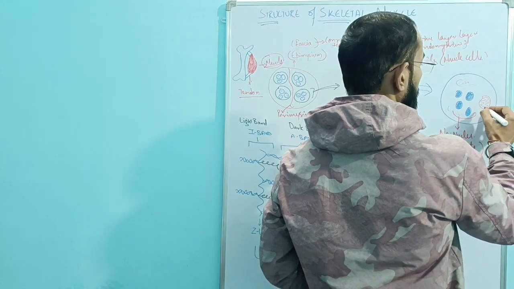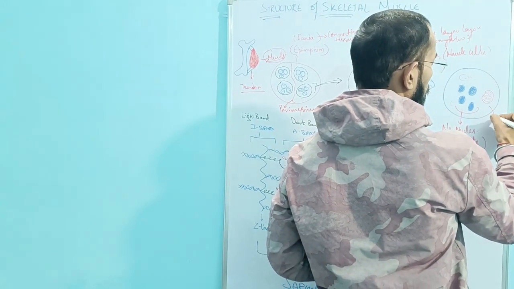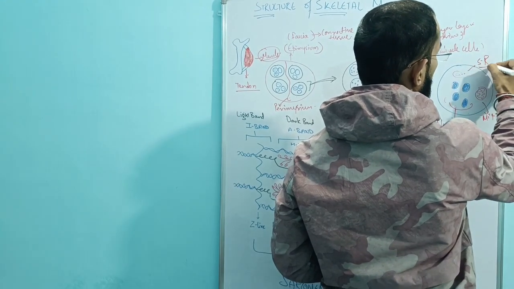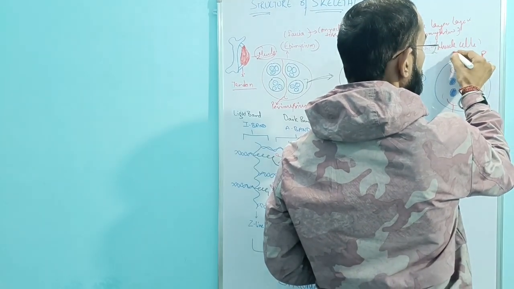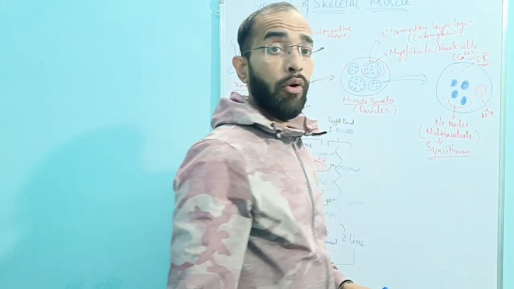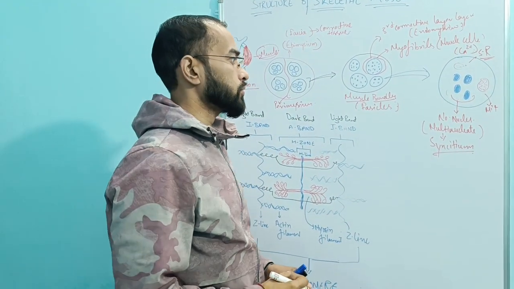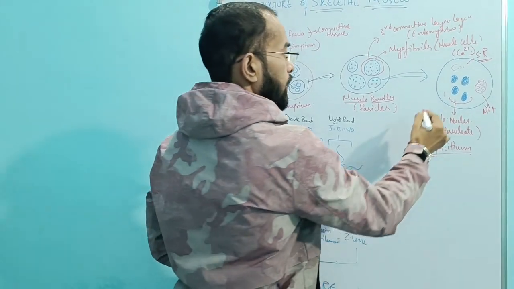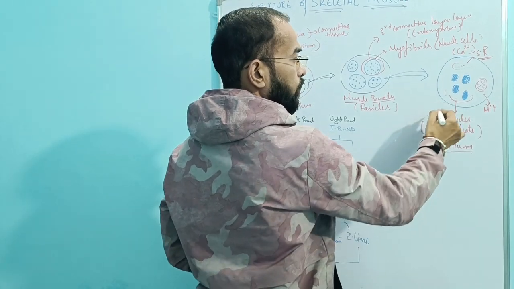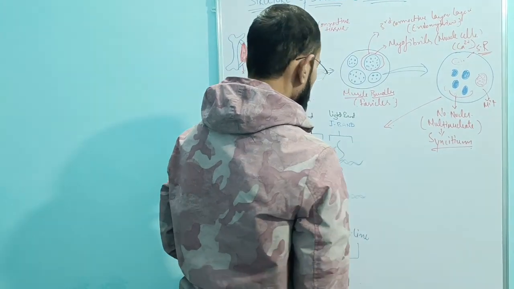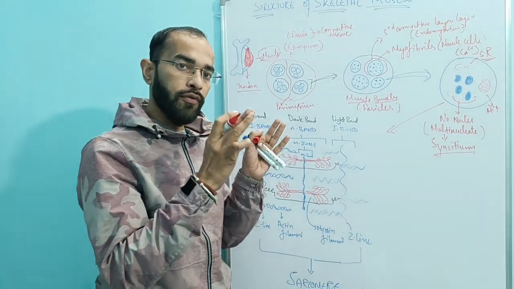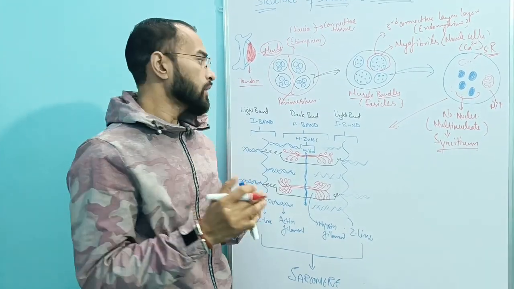A muscle fiber contains a number of mitochondria, sarcoplasmic reticulum especially. Sarcoplasmic reticulum is the storehouse of calcium here, and it plays an important role in muscle contraction also. Then if we look into the cell or one muscle fiber, it shows striated bands, alternating bands of dark and light.